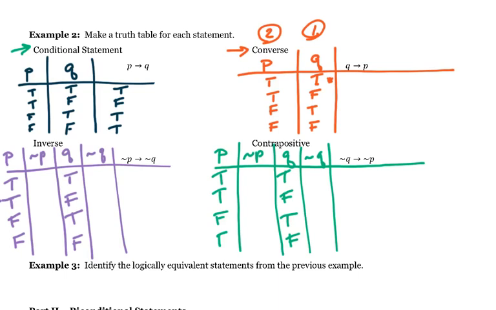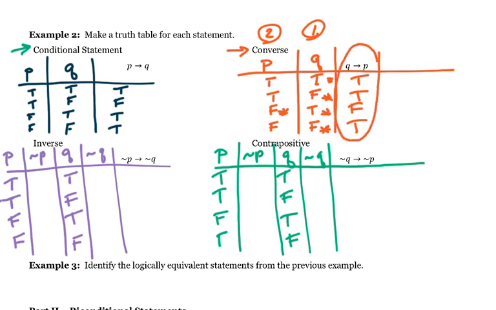Starting with true and going to true, that is true. Starting with false, it doesn't matter what this one is. If I'm starting with false, then this is true. Starting with true and then getting a false, that is when this is false. Starting with false, it doesn't matter what this one is, so that is true. Okay, so this is my truth table for the converse.